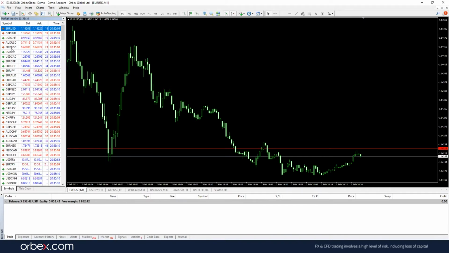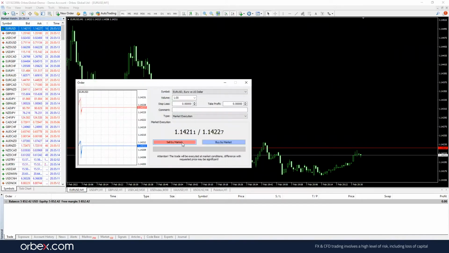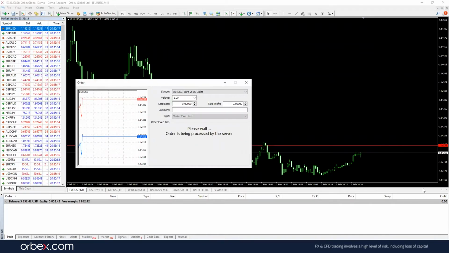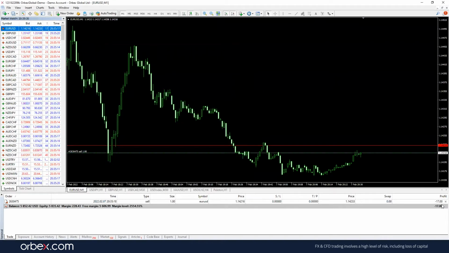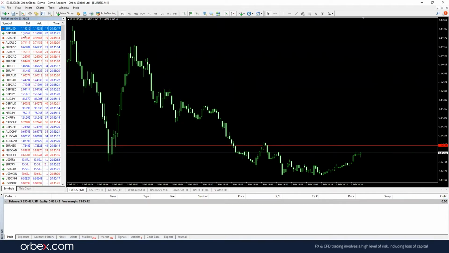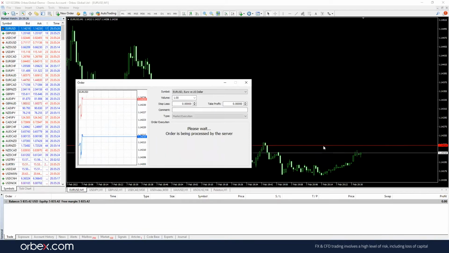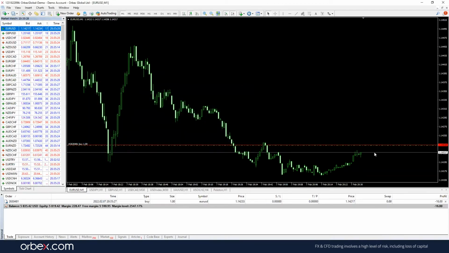So just to see that one more time, open euro dollar. Sell will open at the bid and close at the ask. So I've opened at the bid line, and then the other way around, a buy will open at the ask and close at the bid.